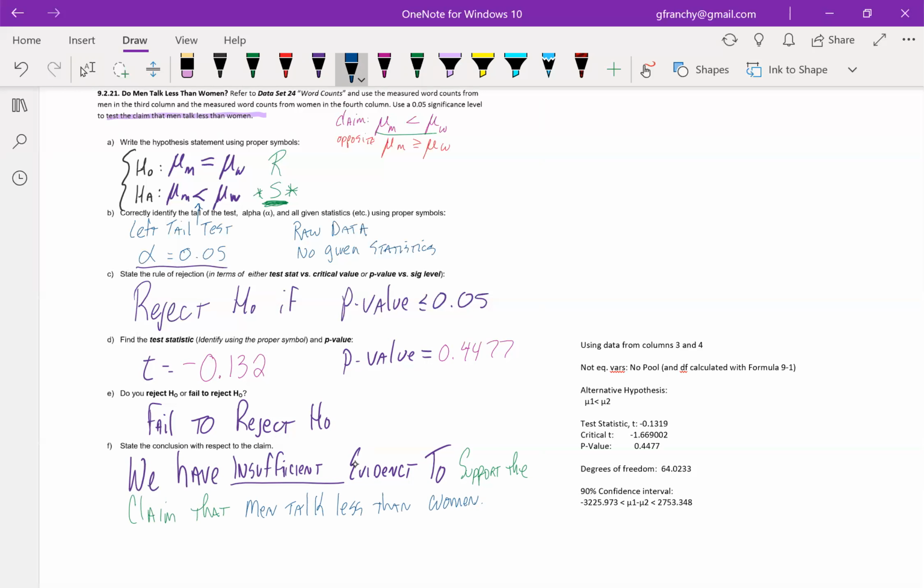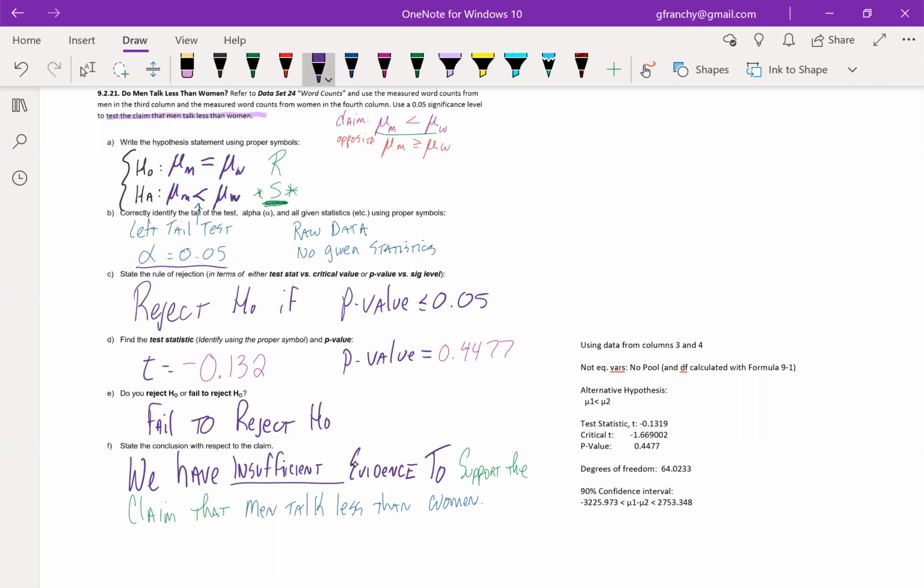So we have insufficient evidence to support the claim that men talk less than women. We failed to reject the null hypothesis. We failed to throw away the idea that the mean from men is equal to the mean of women. We couldn't say that that wasn't the case.